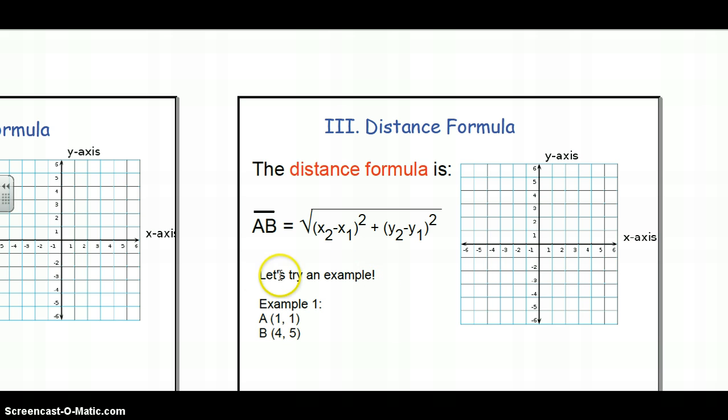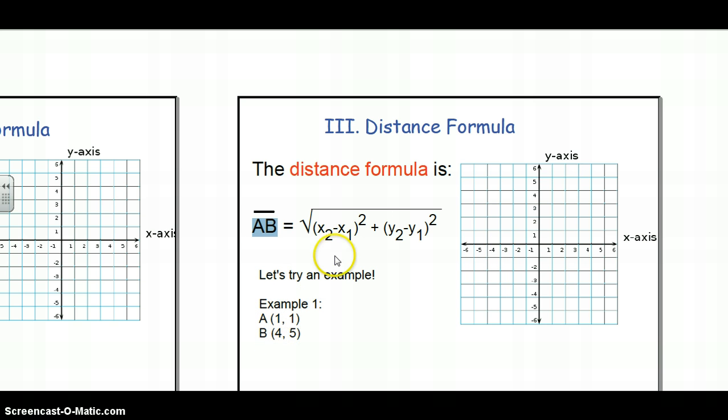So try this, pause the video, and try this example on your own. Example 1. If A's coordinate is (1, 1), and B's coordinate is (4, 5), what is the distance for line AB? So what you do is you plug in your x2 and x1. Here x2 is 4, x1 is 1.